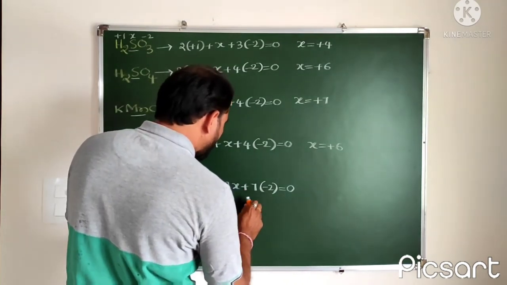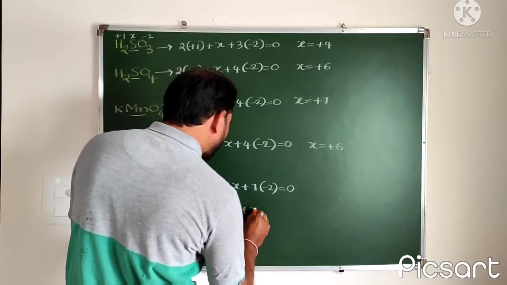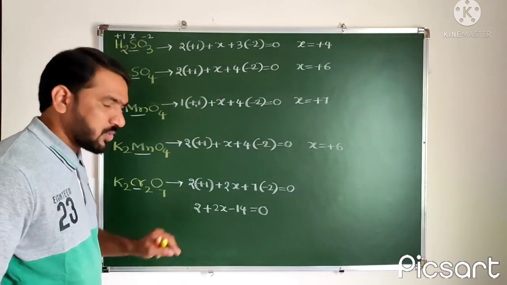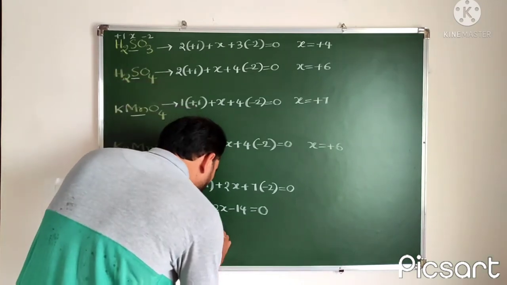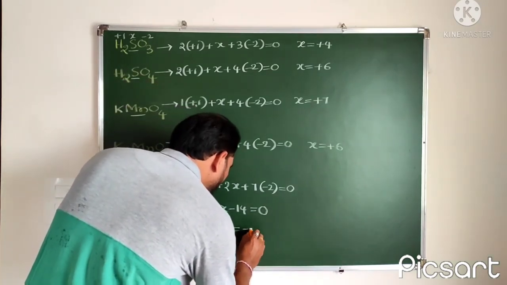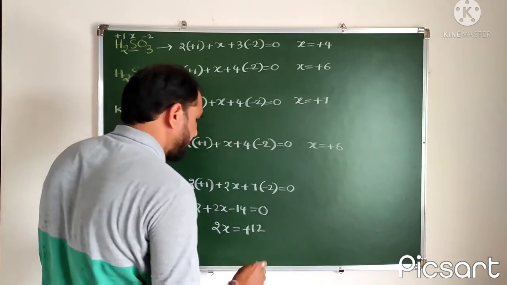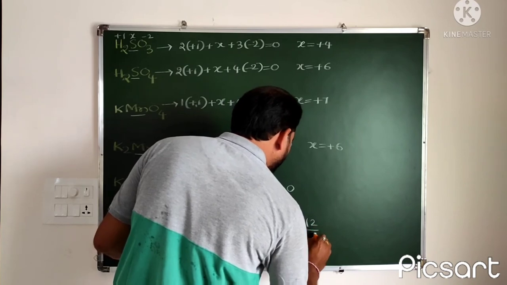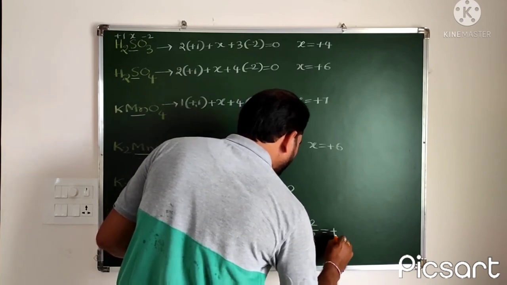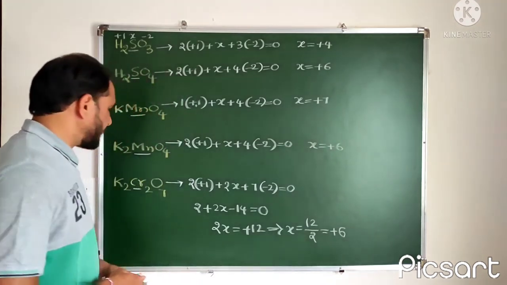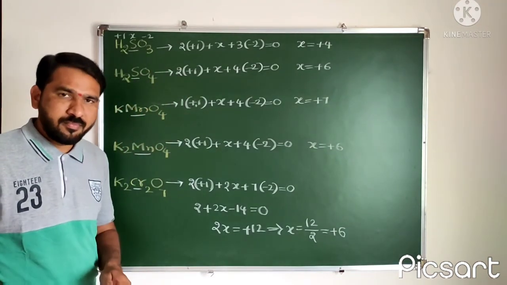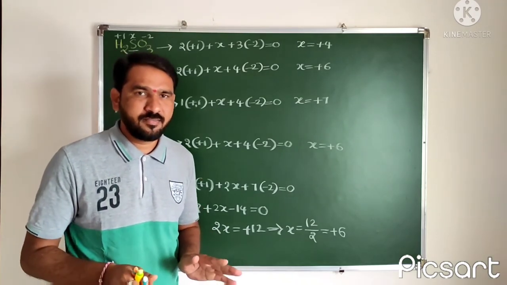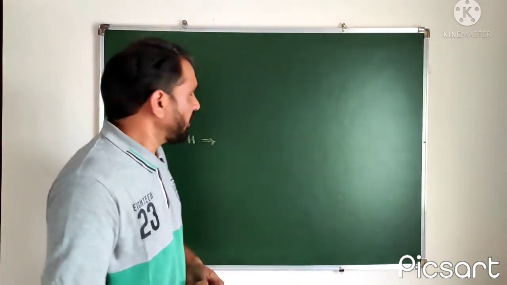Plus 7 into -2, that equals -14, equal to 0. So +2 and -2 cancel, remaining 2X is equal to +12. Therefore X is equal to 12 divided by 2, that is equal to +6. Like this, in K2Cr2O7, each chromium shows +6 oxidation state. Is it clear? Okay, coming to the next example.